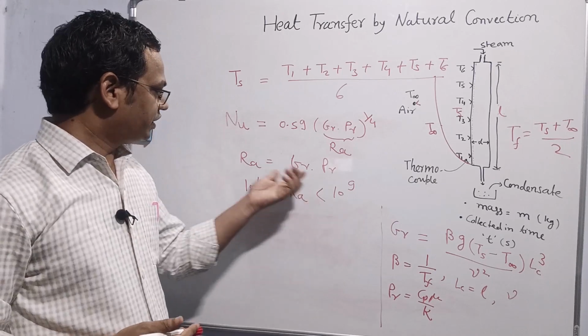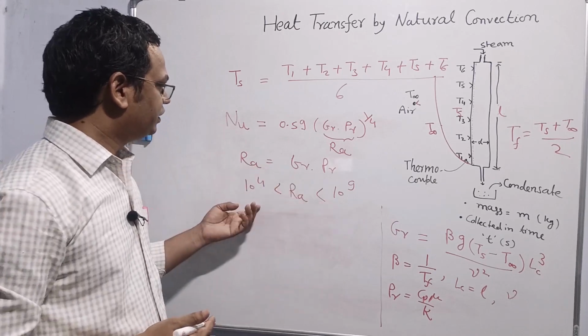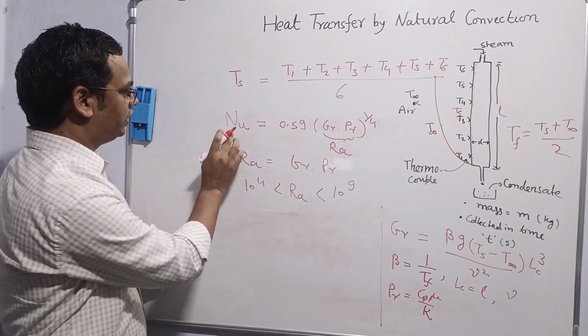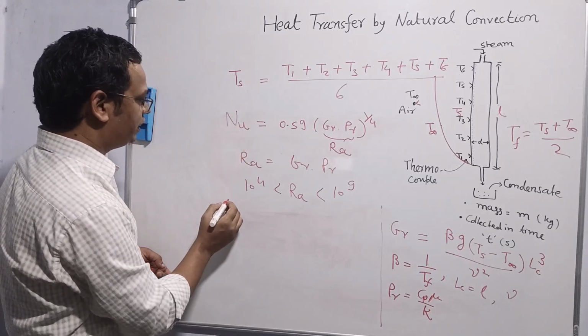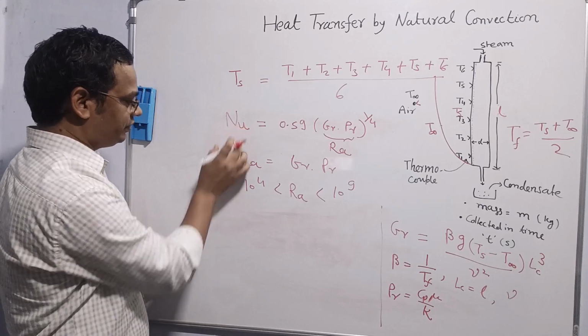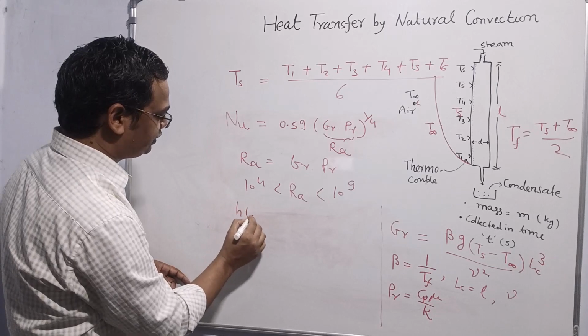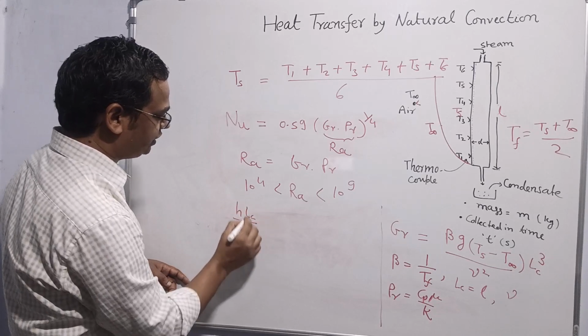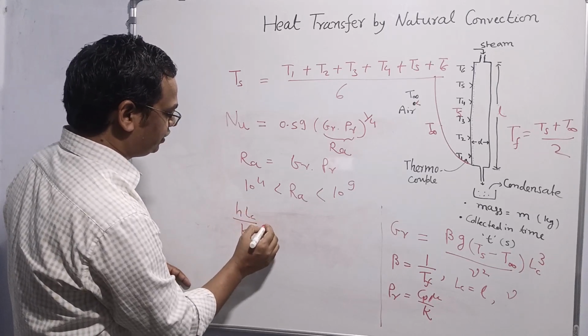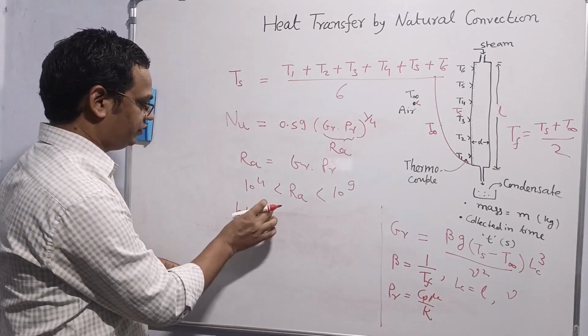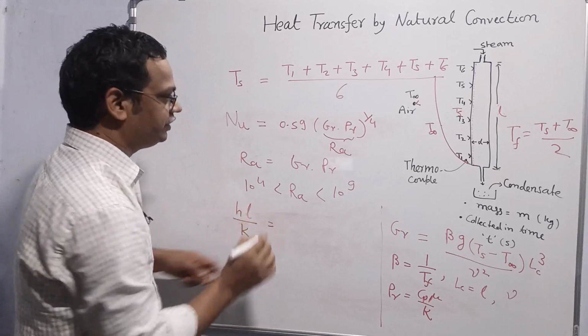Assume that our Rayleigh number lies in this range, so we can use this expression and we can find the heat transfer coefficient, because Nu is nothing but the ratio of convective heat transfer to conductive heat transfer of the fluid. This is h Lc by k, not hD, and Lc is L, the length of the pipe, because this is vertical.